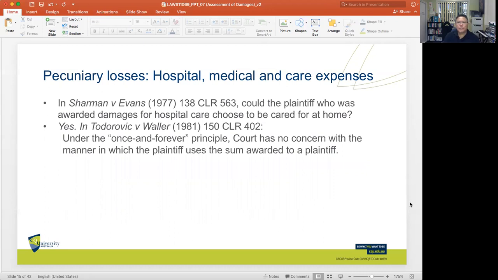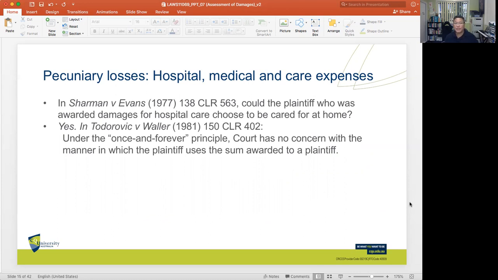So now, the other question is, assuming that, following the case of Sherman versus Evans, an award of damages has been made, and the assumption of the court was that hospital care was more beneficial in terms of health to the plaintiff, and so it awarded damages on that basis. What happens if, after receiving the award of damages, which would have been higher because hospital care is more expensive, the plaintiff or the plaintiff's relatives decide that the patient should be taken care of at home, for example, to reduce costs?